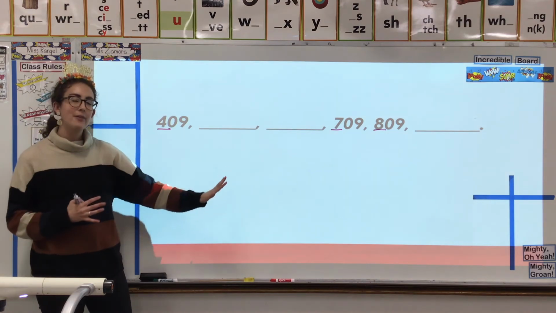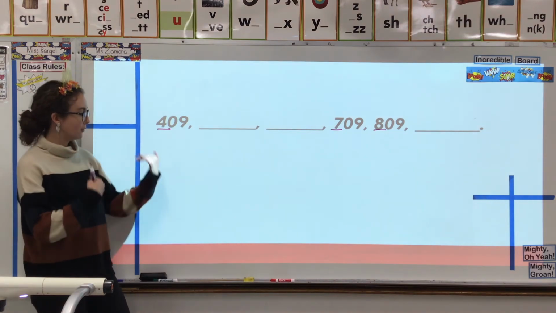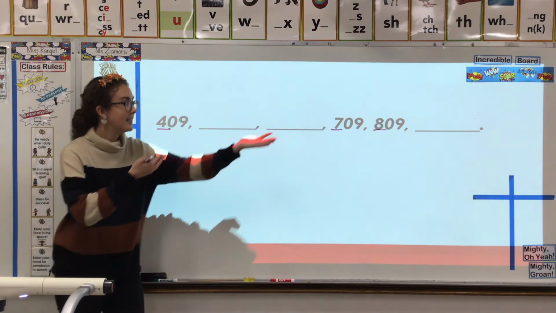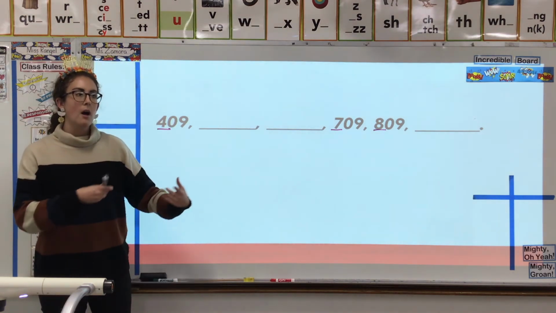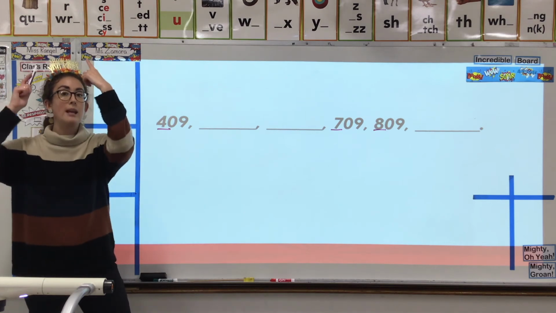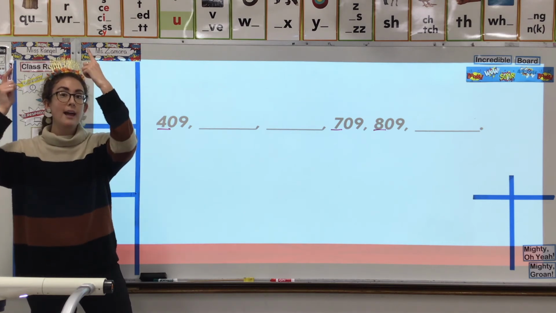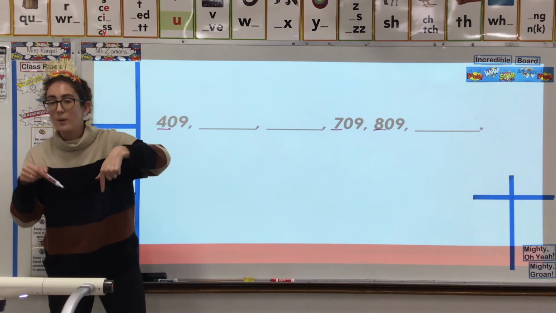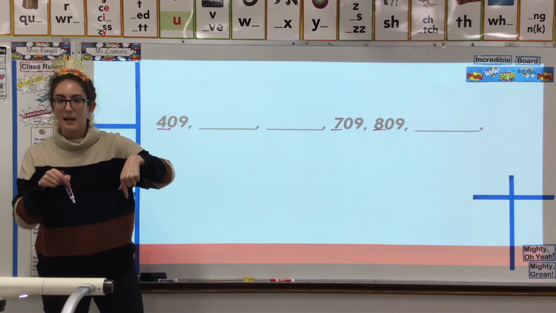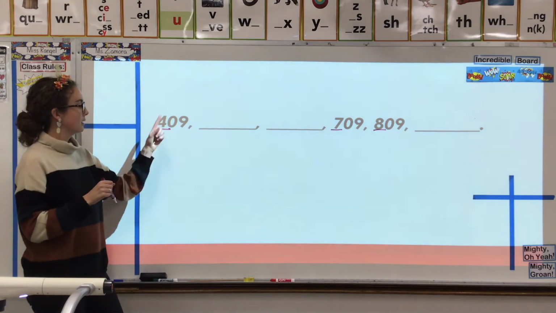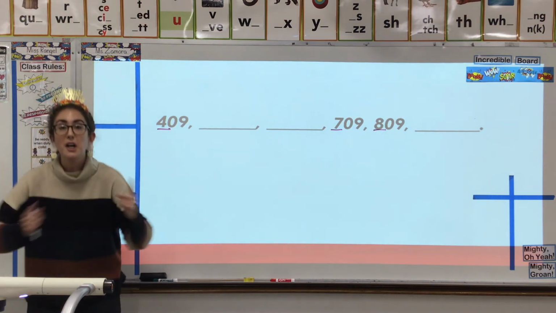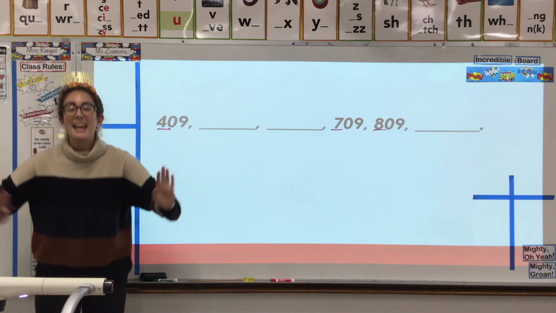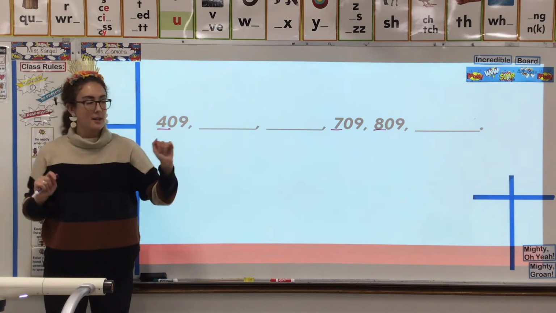And looking at these three numbers, we went from 4, 7, 8. We can still tell, are these numbers going up, more than, or are they going down, less than? What do you think? They're going up in value, is more than the next.